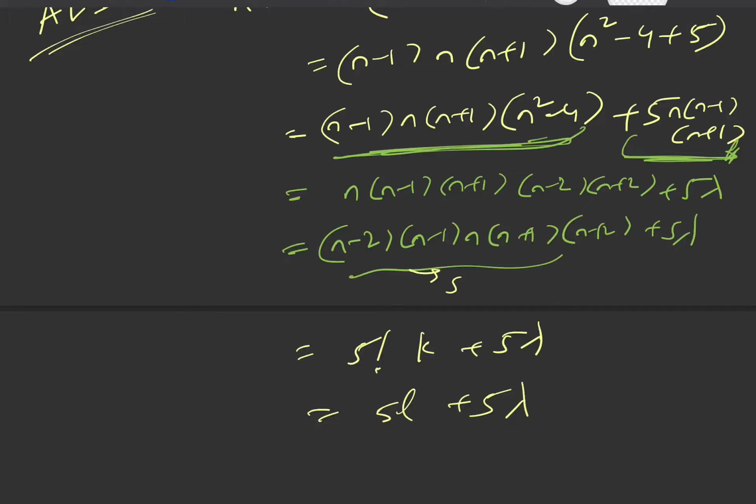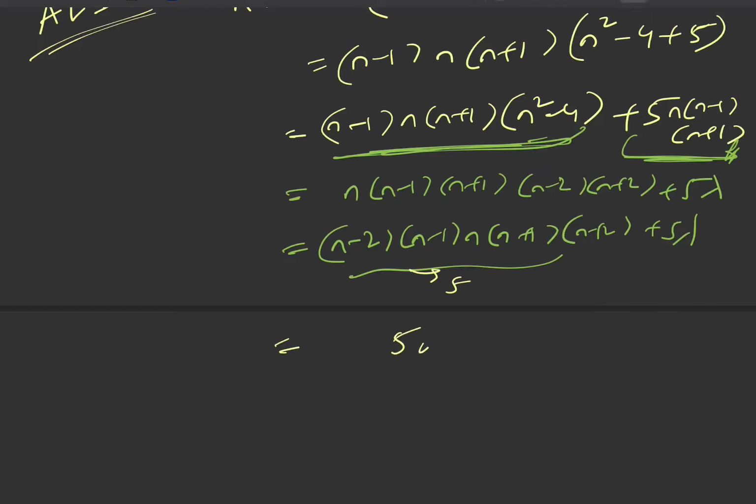We also need to prove that this is divisible by 30, right? Let us do it this way. This is 5 factorial into k plus 5 lambda. 5 factorial is also a multiple of 5, so 5l plus 5 lambda.